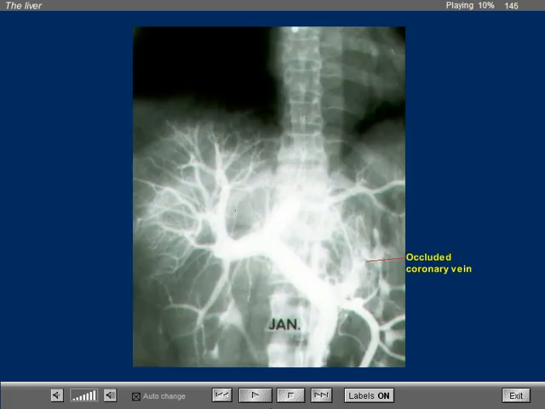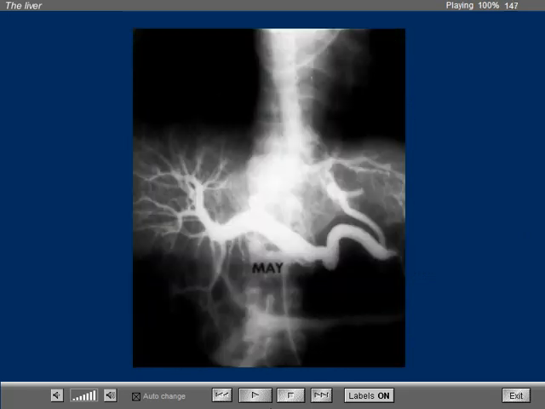The next 5 images are of a patient who was successfully embolized in the month of January, as seen in this image. Note that the coronary vein is occluded. In May, this patient was restudied because of repeated bleeding varices, and one can see a vein going from the splenic vein towards the fundus of the stomach.